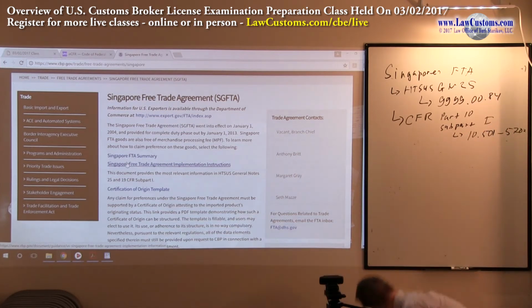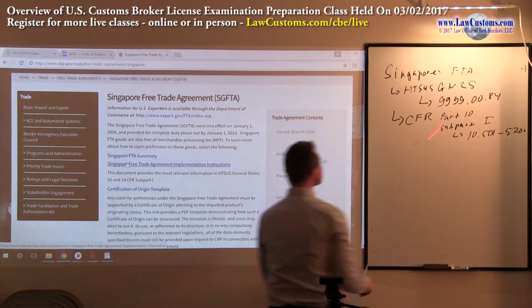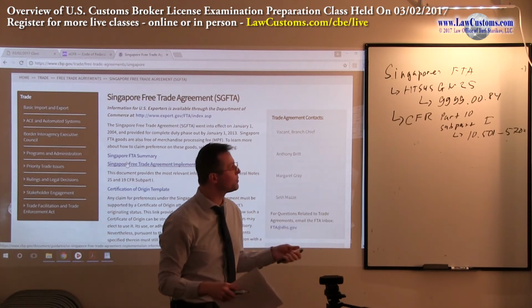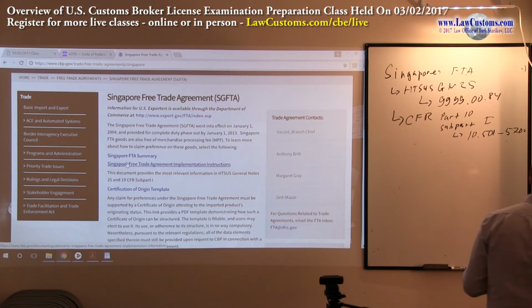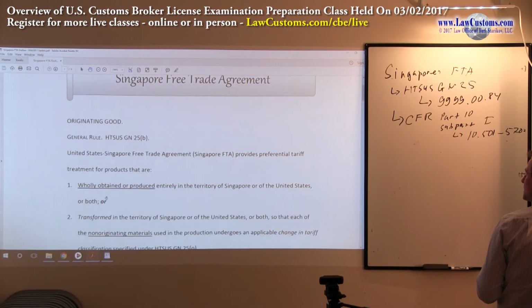Okay, so this is the scope of the regulatory knowledge which you will need to be equipped with when you come to the customs broker exam. Let's go to the outline and see how this concept has been applied.